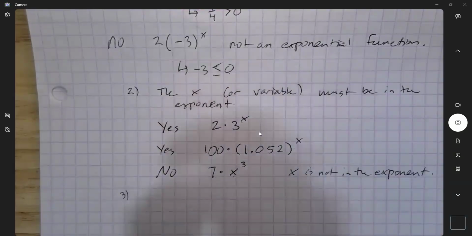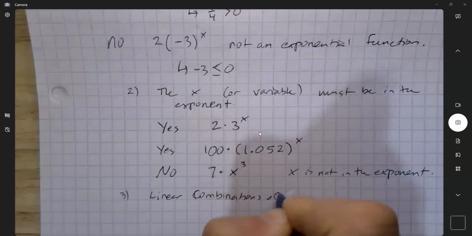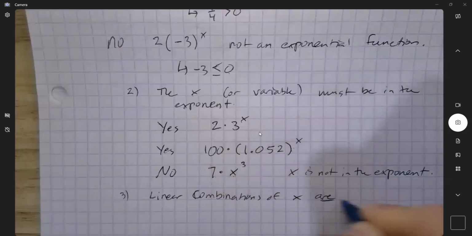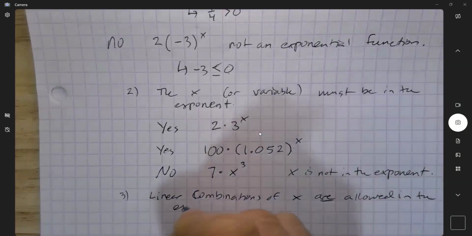And the final rule is that linear combinations of x are allowed in the exponent.